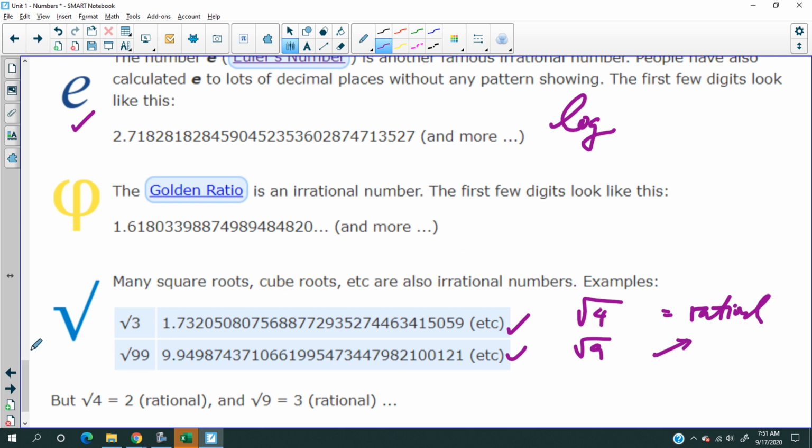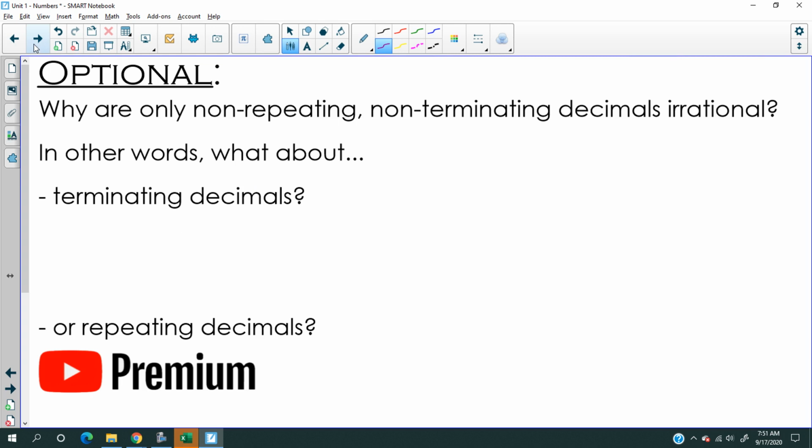Now, let's see. Now, I have an optional video for you guys. Because here, now what I've said begs the question, right? Why are only non-repeating, non-terminating decimals irrational? So in other words, what about terminating decimals? Why are terminating decimals rational, right? I explained this earlier, okay? So I'm not going to explain it again. Or repeating decimals. So this is important.